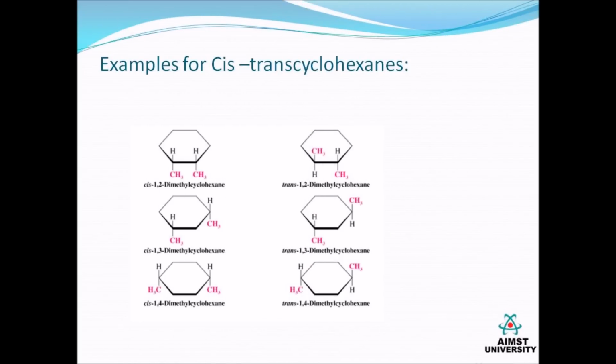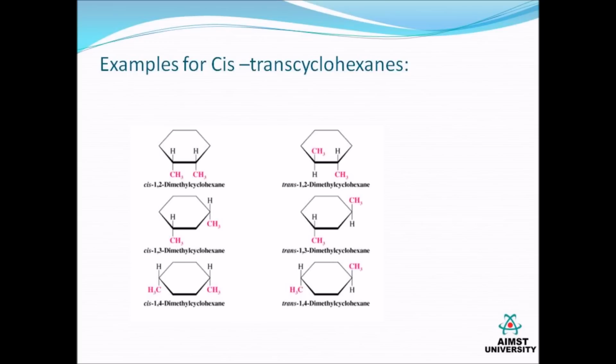The first structure is cis-1,2-dimethyl cyclohexane, where two methyl groups are on the same side. The right-hand structure is trans-1,2-dimethyl cyclohexane, in which the methyl groups are on opposite sides. The second row first structure is cis-1,3-dimethyl cyclohexane, in which two methyl groups are on the same side.